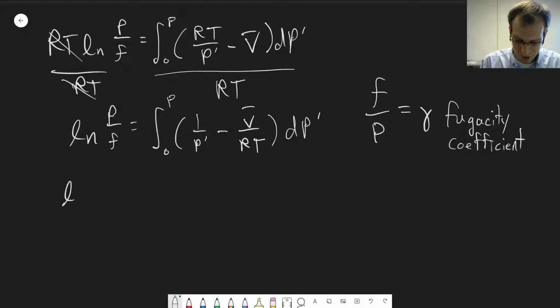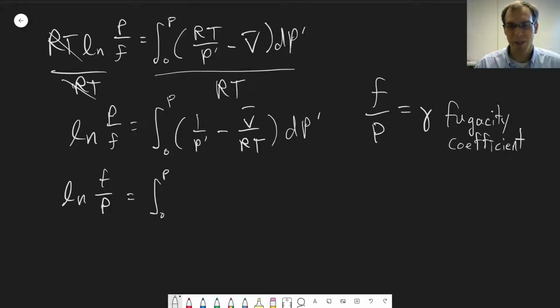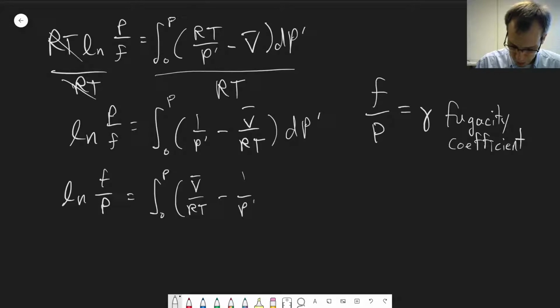So let's go ahead and write this log F over P. Then everything on the other side just gets reversed. Not that the fractions get reversed, but we take the negative of everything, right? Because when we swap the top and bottom in the natural log, that's the same as taking the negative of it. So this becomes V bar over RT minus 1 over P prime dP prime.